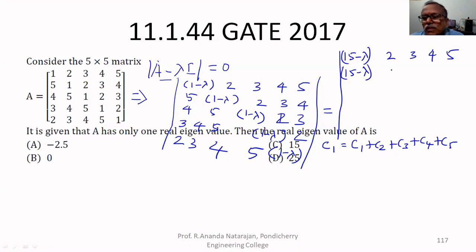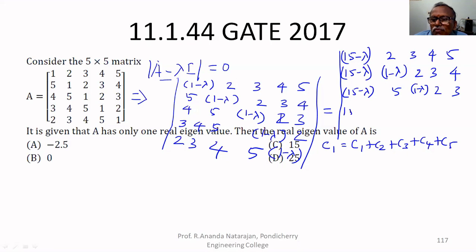If you add all columns together, the first column becomes 15 minus lambda in each row, and the other columns remain as they are.